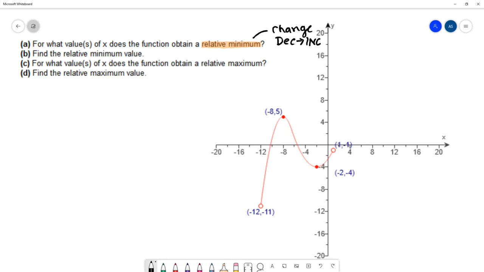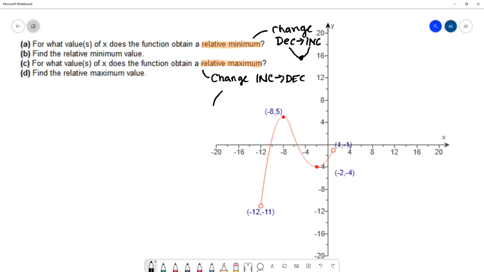So if we look at our graph and find a change from decreasing to increasing, that's going to create a minimum value. And the definition of relative maximum is when we have a change from increasing to decreasing.